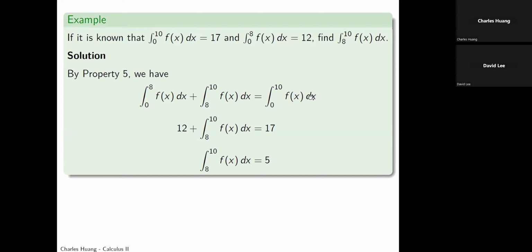So we're going to write out the 3 integrals like that. First one with the limits from 0 to 8. Second one from the limit 8 to 10. We add these together. The area is going to be from 0 to 10. Substituting the values 12 and 17, we find that the last little bit has to be equal to 5.